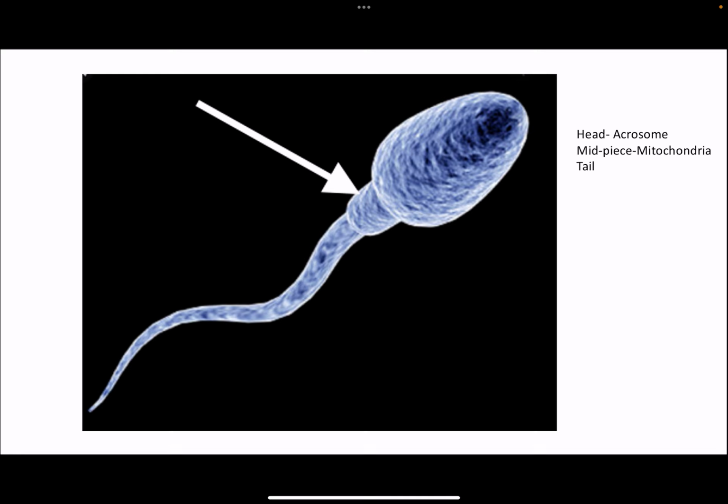The same thing, enlarging one sperm: this is the head portion, and this is the mid portion, with a lot of mitochondria because it's traveling a long distance, so you need a lot of ATP. Mitochondria mainly produce ATP, which is the currency for our system.